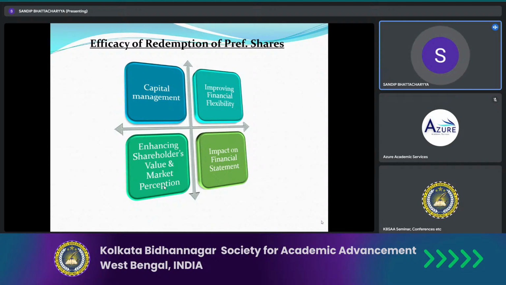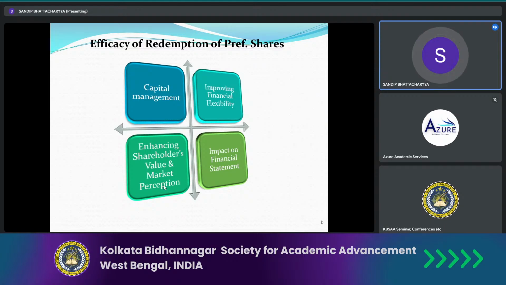So it can also reduce the fixed dividend obligations, the fixed obligation in terms of the preference dividend, not any other fixed obligation. Potentially it can free up your free cash flow.